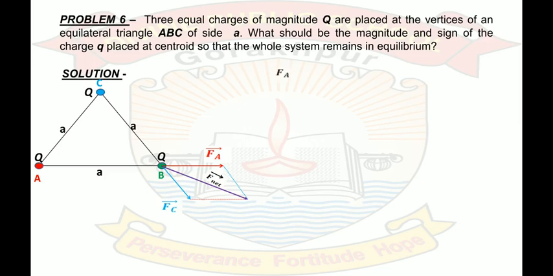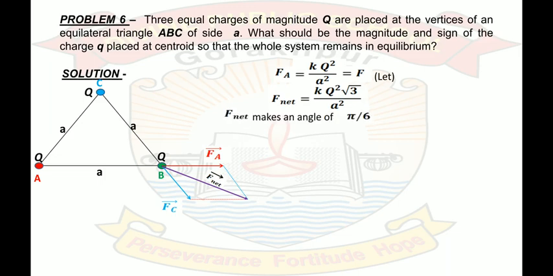The value of Fa is equal to kQ by a square, let it be F, and we have solved in the previous question that F net is equal to kQ square upon a square under root 3, and this force makes an angle of pi by 6, which means 30 degrees, with the direction of Fa. These are the things we have done in the previous question also. I am using the result of the previous question in this question.